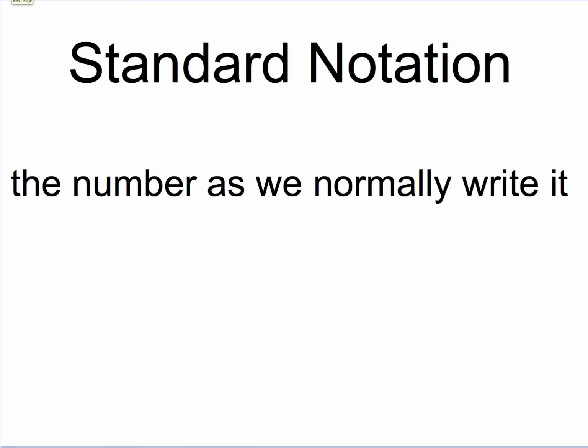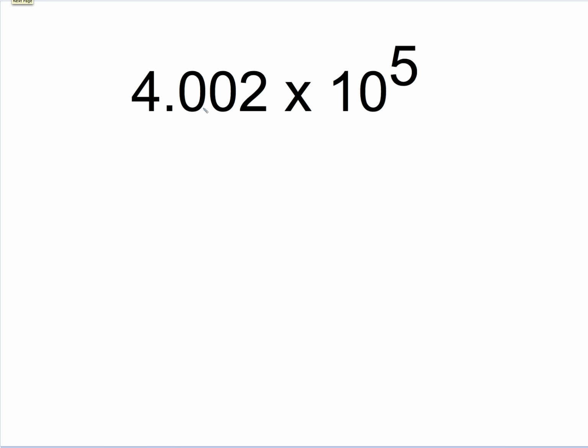So if I give you a number in scientific, 4.002 times 10 to the 5th power, and I want you to write this in standard notation, you would simply have to move this decimal. So before I start moving the decimal, I've got to determine, well, is this a very large number or a very small number? Since my exponent is positive, it's going to be large.